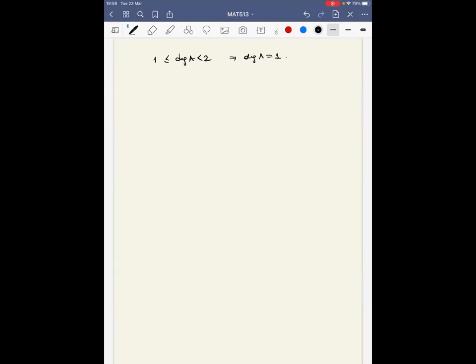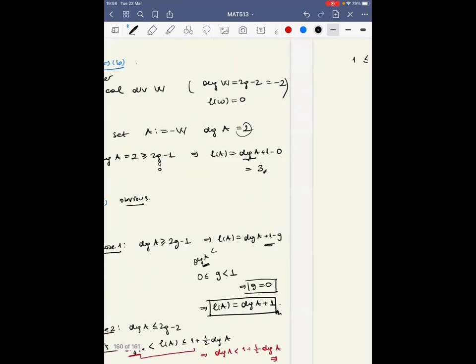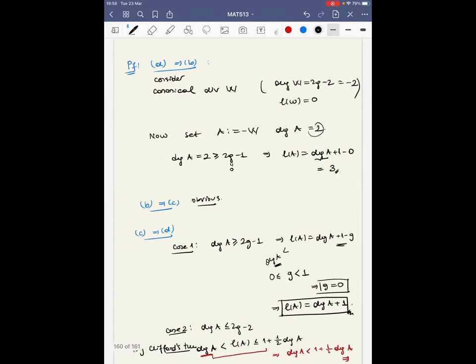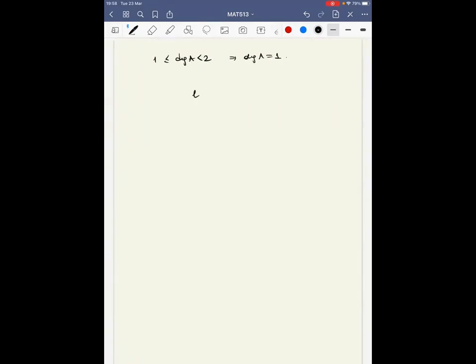But if degree A is 1, this means that the dimension will be strictly bigger than 1 and at least 1 plus a half. But this is not possible, right?